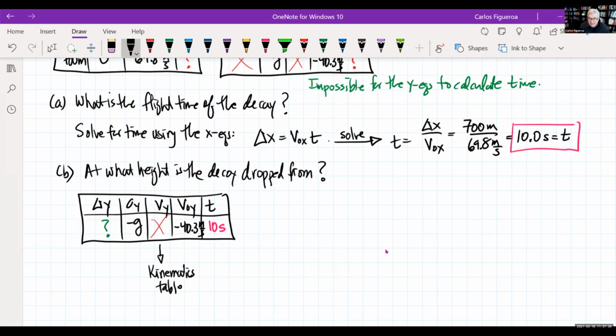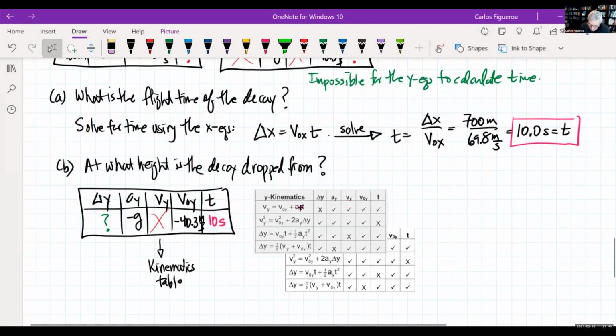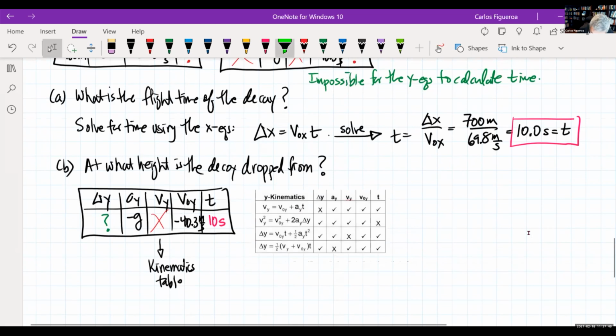And when I go to the kinematics table, which we have right up above here, what do I see? Well, if I have this relationship right here, you can see that the one variable that I don't have is this final speed, which then means I must use this equation right here. So let's go write that down.